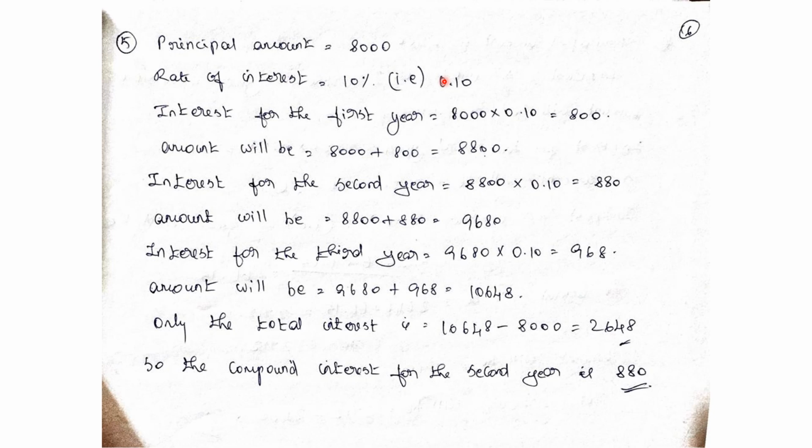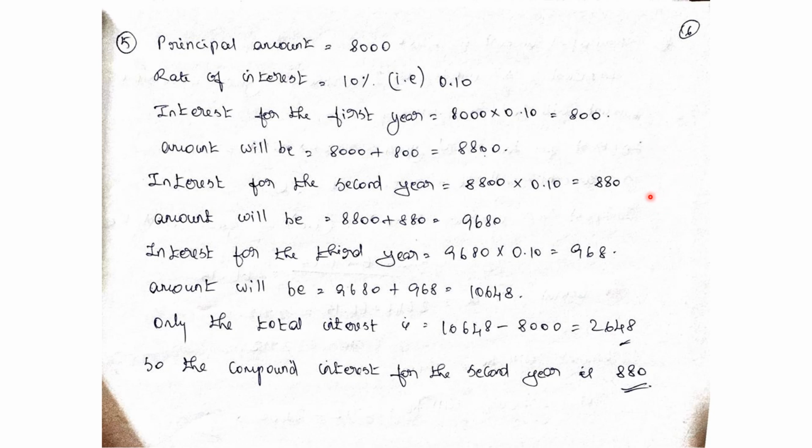So what I have written, principal amount, then rate of interest, then principal amount into rate of interest, 800 we will get. Then this 800 should get added to this 8,000. So 8,800.